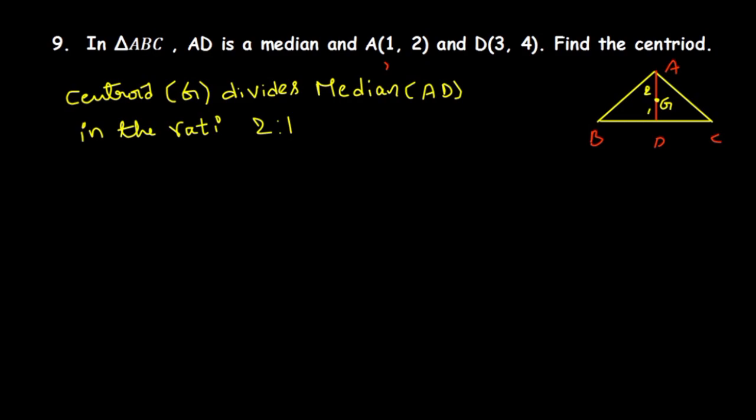Okay, so again the 2 points are given. We can take them as x1, y1 and x2, y2. This ratio we take as m1, m2.